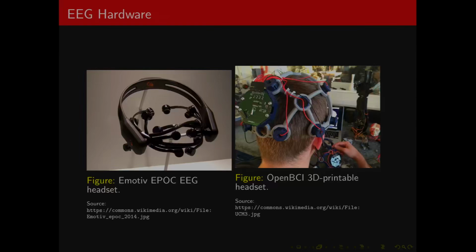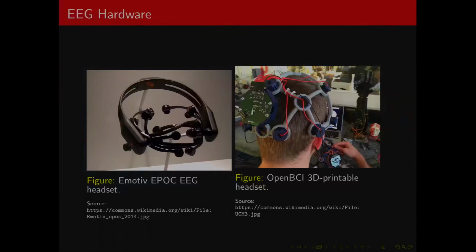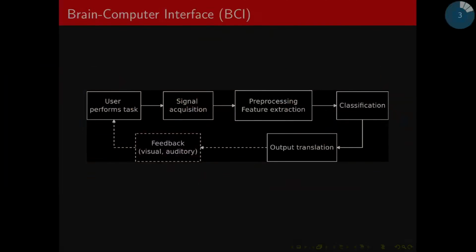I'm not going to explain too much about the devices. I want to talk a bit about how we can use EEG readings to have a brain-computer interface. A brain-computer interface typically consists of a user having a task.